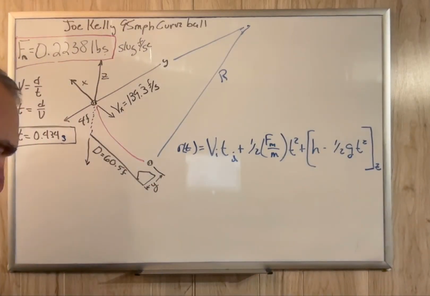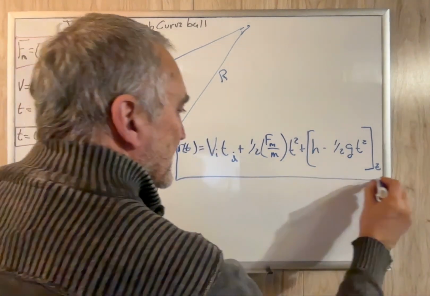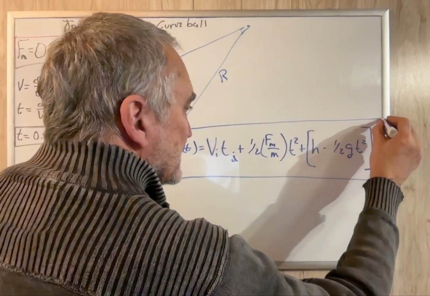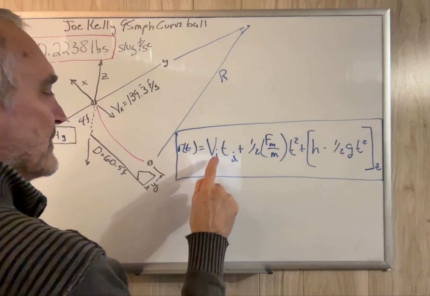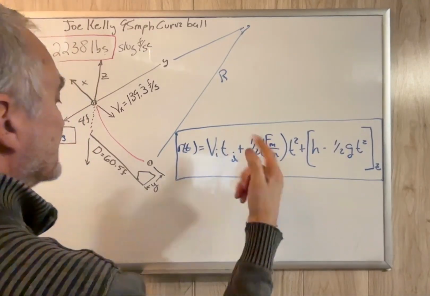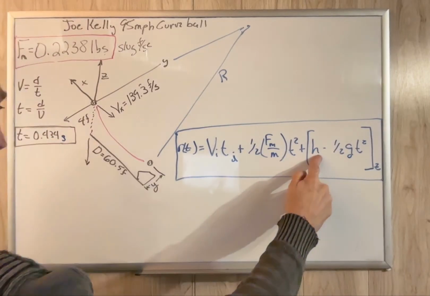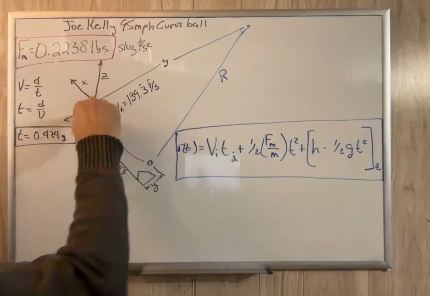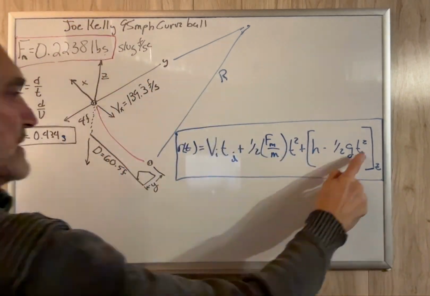So what we have literally found is an equation that we can use to know close to where a 95-mile-an-hour curveball could be. r(t) is equal to our velocity initial in the i direction times time, plus 1/2 the Magnus force divided by the mass, which is an acceleration, times the time squared, plus how high it left the pitcher's hand, about 4 feet maybe, minus the pull of gravity, because gravity is pulling down, times the time squared.